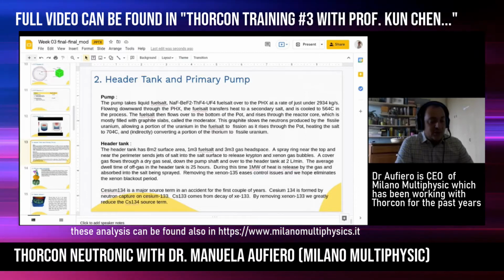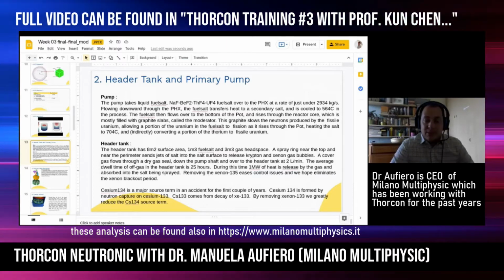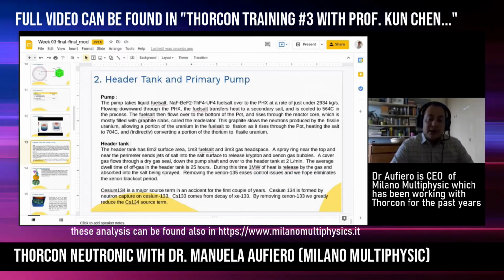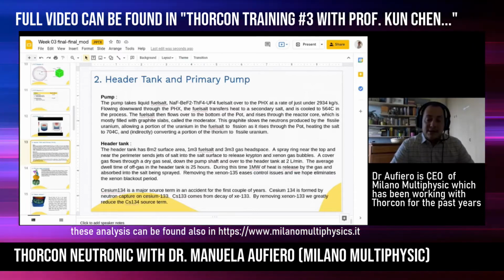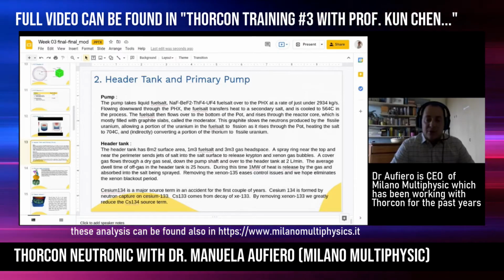In a solid fuel reactor, xenon-135 is bound to stay within the fuel, and the reactor operation, especially in changing power, is dominated by the behavior of these nuclei.